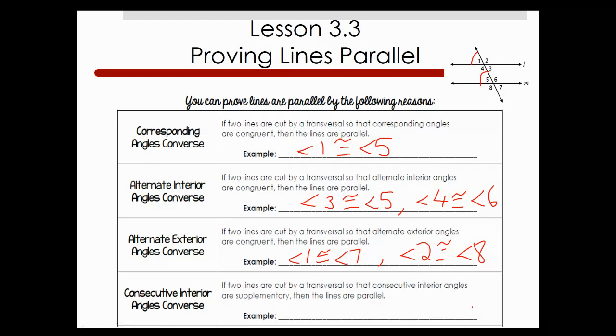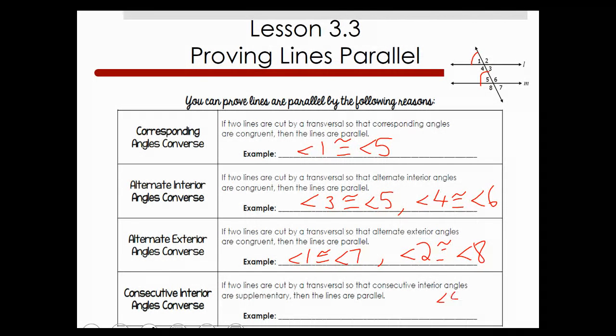And the last one is consecutive interior angles. Consecutive interior angle is the same thing as same side interior. Over here from the picture, this time the relationship is not congruent. It has to be supplementary.